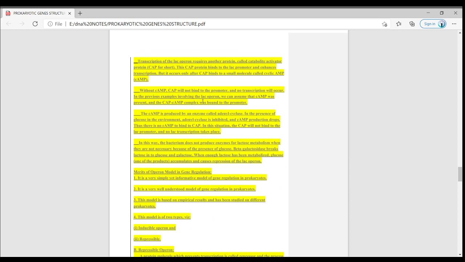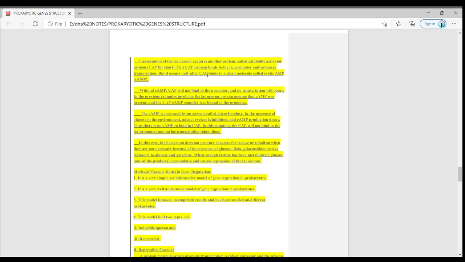Transcription of the lac operon requires another protein called the catabolite activator protein, that is the CAP, for short. This CAP protein binds to the lac promoter and enhances, or brings about, the transcription.